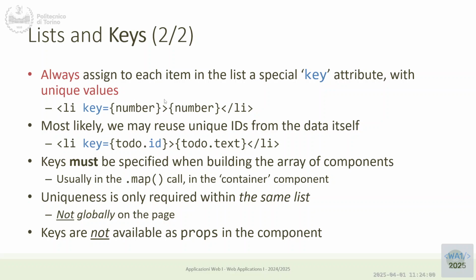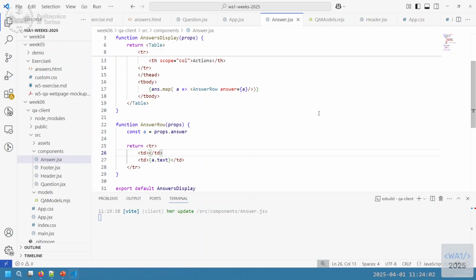So for suppressing this warning and helping React in the performance of its rendering, the general rule is whenever we have a list of components, and in 90% of the cases it comes out of a map operation, the component itself should have an extra property called key.